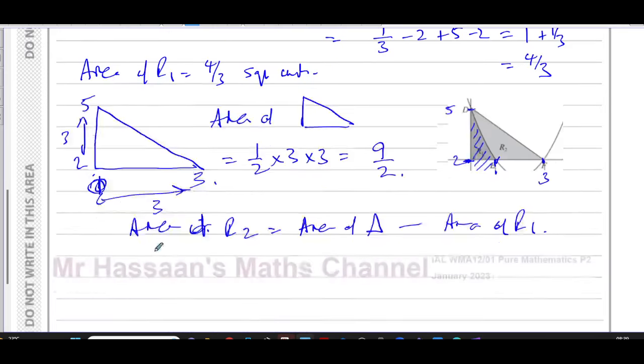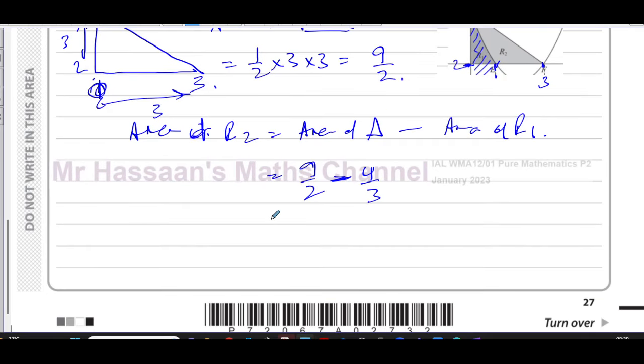The whole triangle's area is 9 over 2, minus the area of R1, which we just found, is 4 over 3. So we have 9 over 2 minus 4 over 3. We need a bit more space for the rest of the working.